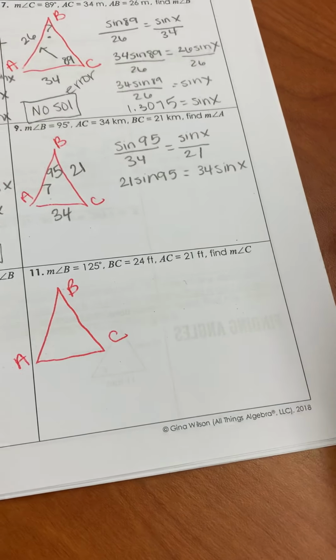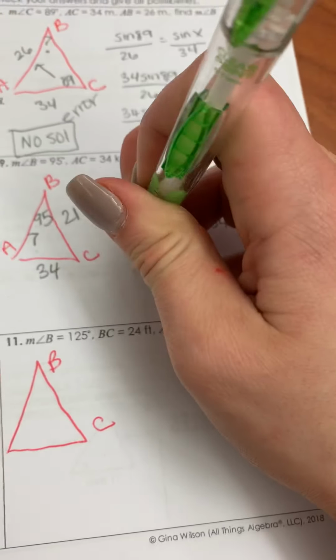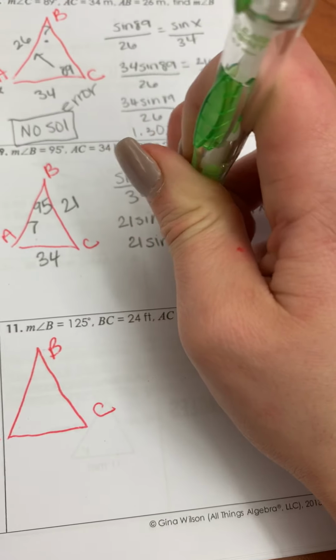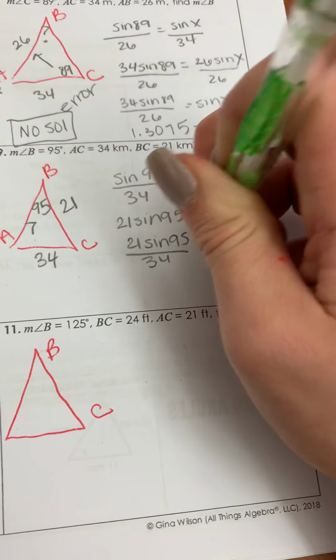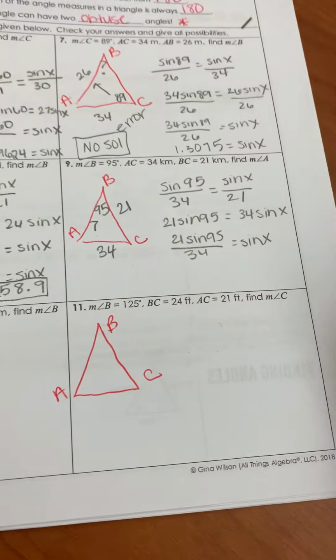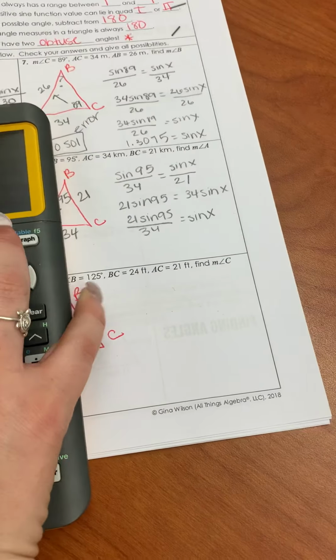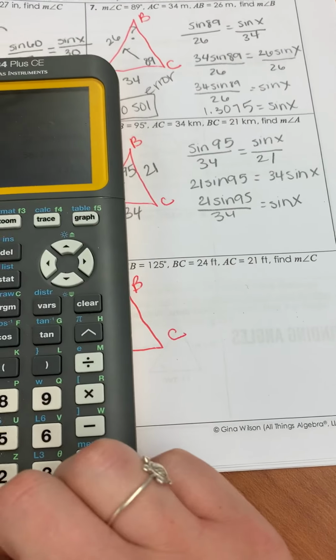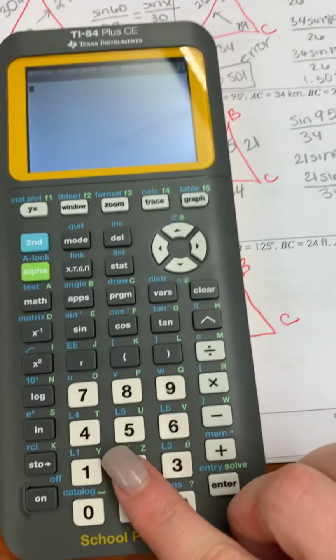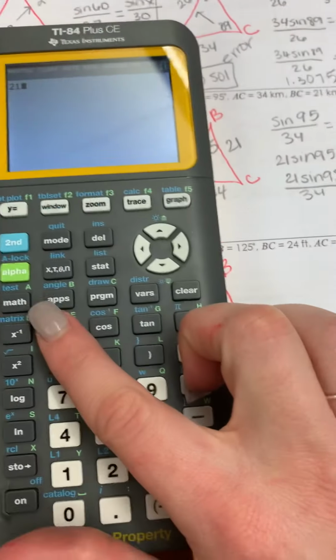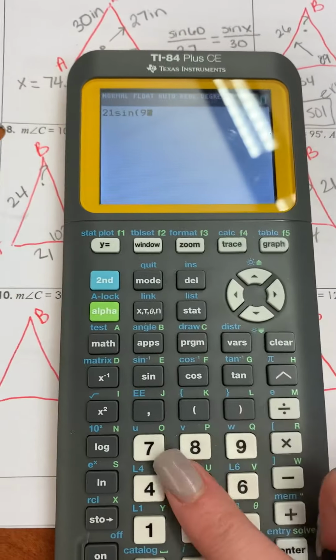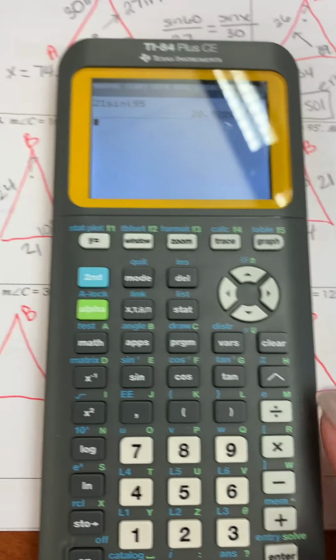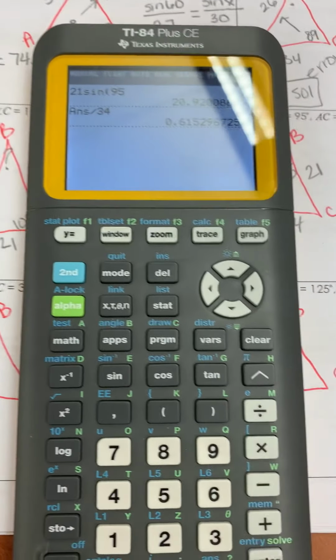Divide by 34. So 21 sine of 95 divided by 34.